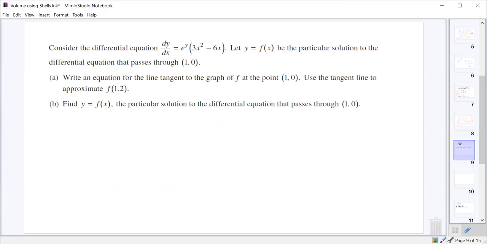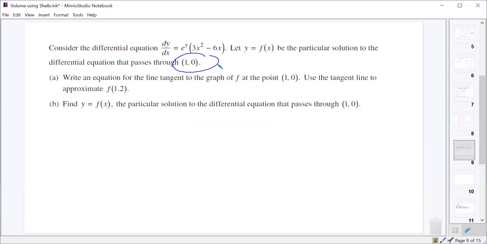So we want to look at this differential equation. We've got a particular solution, which is f of x that goes to the point 1, 0. And the first thing it says is write the equation of the tangent line. That should be really easy. We've done that a lot of times. So how do we do that? Slope and point. Point is 1, 0.